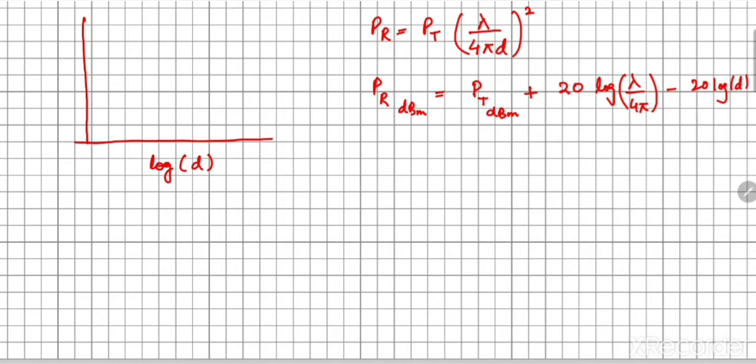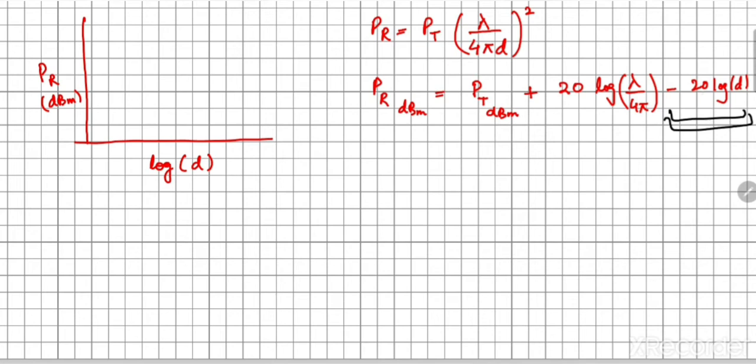And now if you plot the PR in the units of dBm with log of d on the x-axis, you are going to see a straight line. As you increase the value of log of d, there will be a 20 units reduction for each unit increase in log of d.